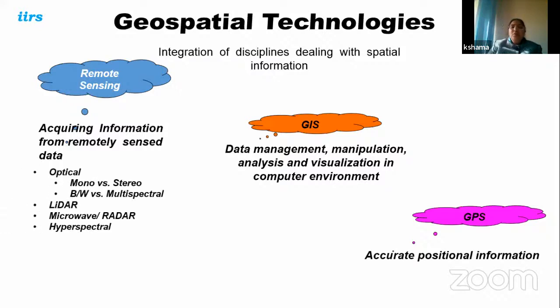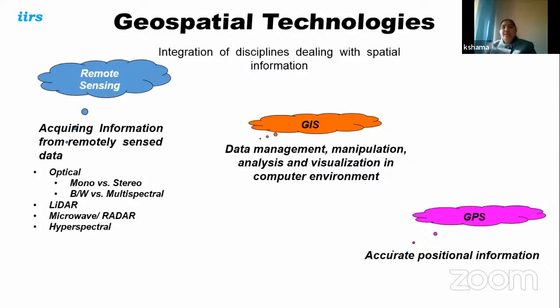If you talk about remote sensing itself, it started in the World War II period with aerial photographs, and we have optical data, which takes data in the optical domain, like the visible area of the electromagnetic spectrum.